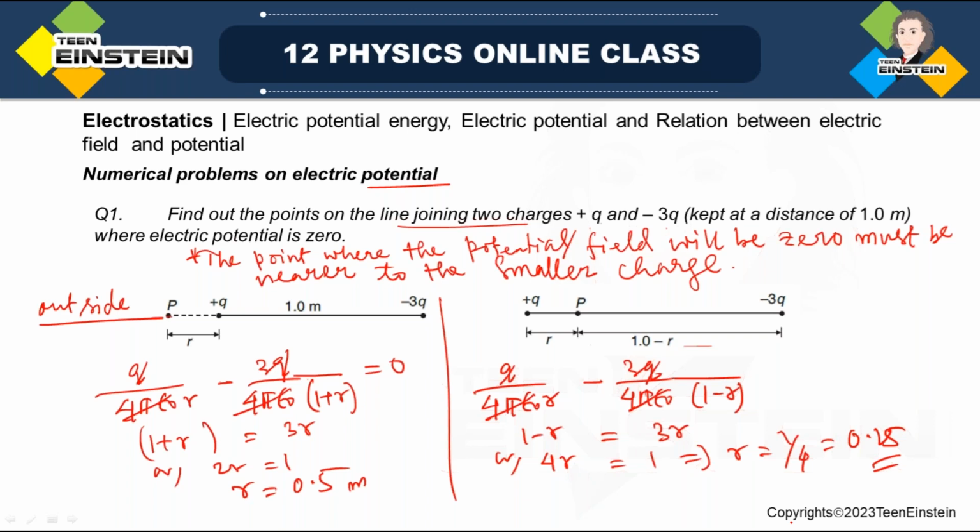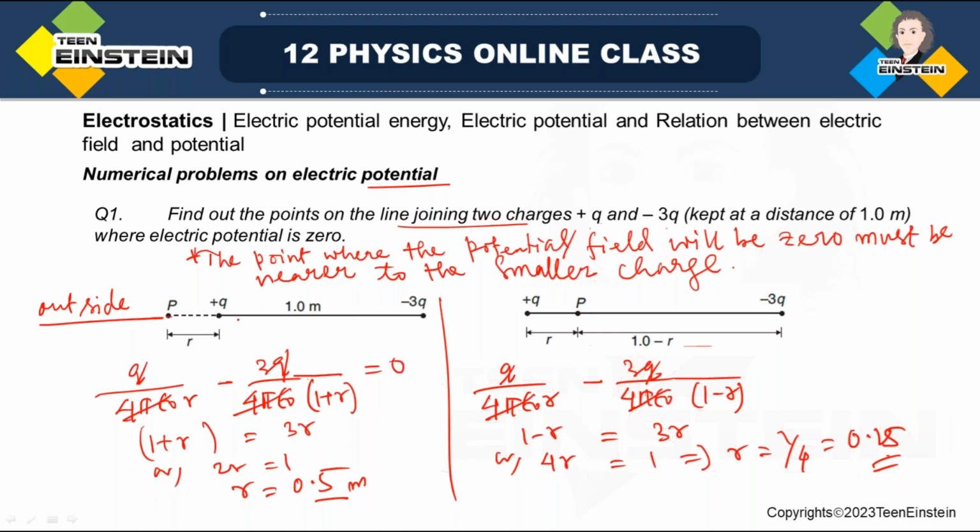That means there are 2 points where the potential can be 0 due to these two charges. One is at the left of this positive charge, 0.5 meter away. And one point could be in between these two charges, inside, and that distance will be 0.25 towards the right from this positive charge.